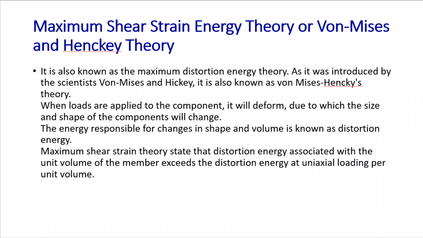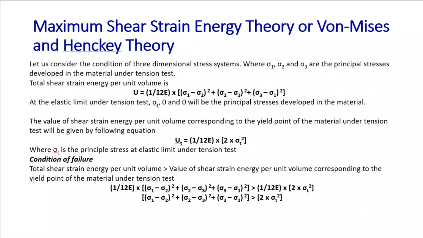Okay, at failure, the maximum shear strain energy exceeds the shear strain energy or distortion energy at uniaxial loading. So how do you compare it mathematically? Let us consider a three-dimensional system where sigma 1, sigma 2, sigma 3 are the principal stresses developed in the material under tension test.